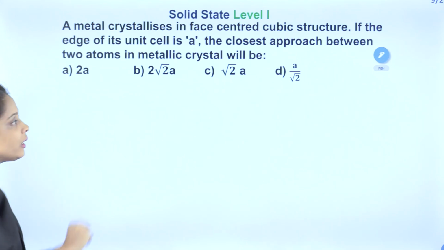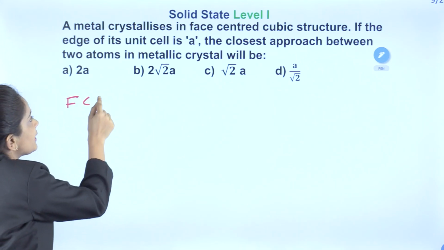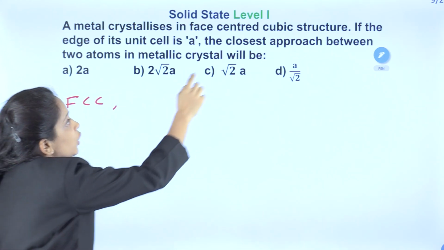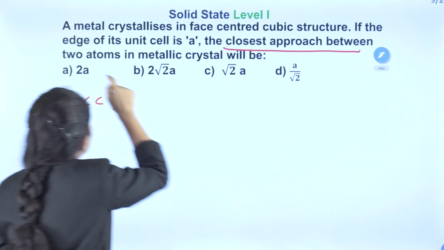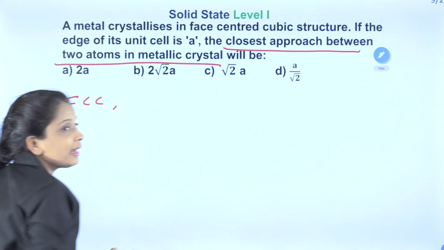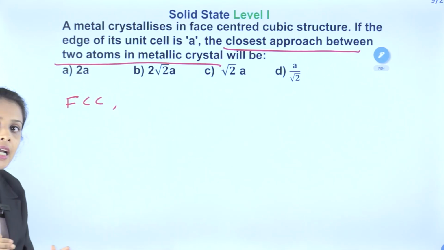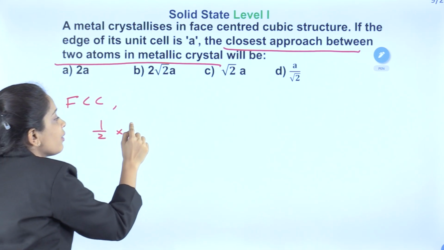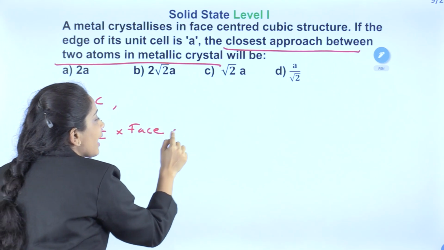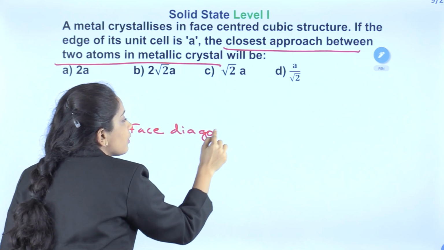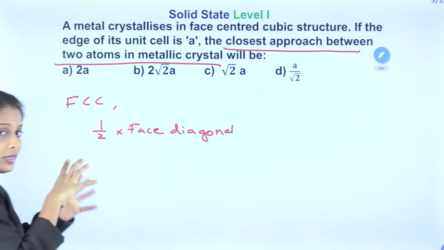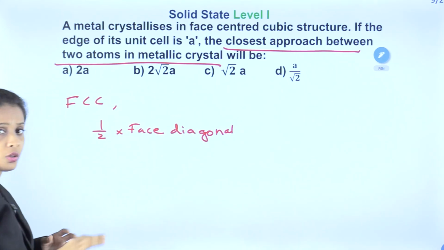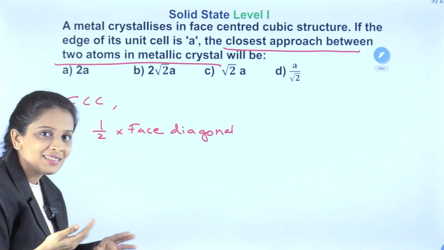Student, you need to remember, if we are talking about face centered cubic structure, that is FCC structure, the closest approach between the two atoms in a metallic crystal is nothing but what? Half of the face diagonal. Yes, between the two atoms or particles that we have. Okay, so this is the simple thing that you need to remember for FCC structure.